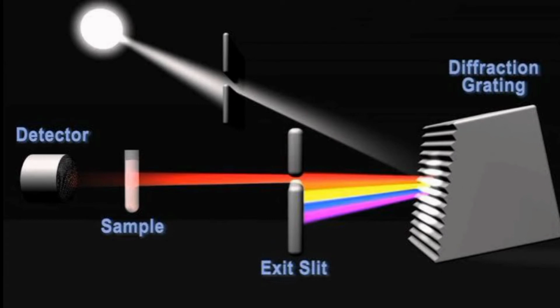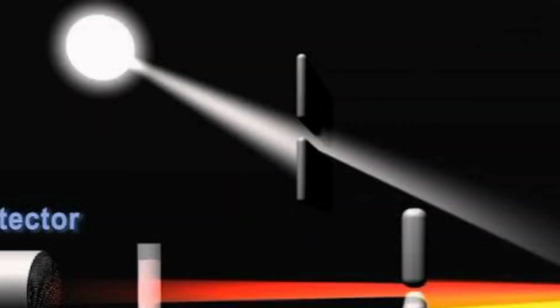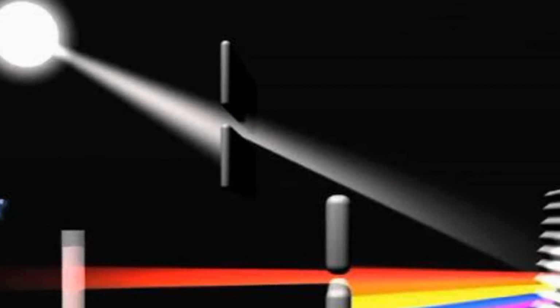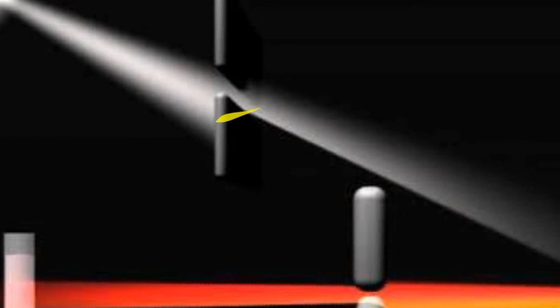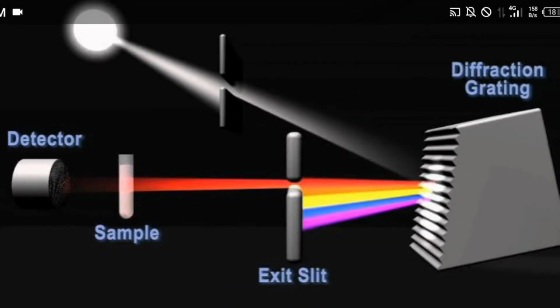You can see this is the source of light which produces light which passes through the entrance slit. Basically, the scattered light when it passes through the entrance slit becomes a beam of light, which strikes on the diffraction grating, and the diffraction grating produces different wavelengths of light.